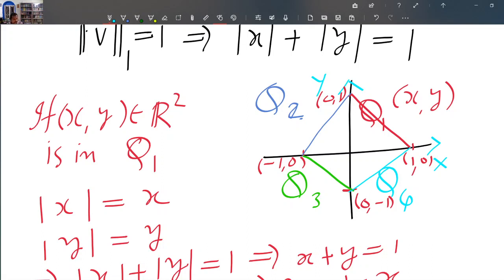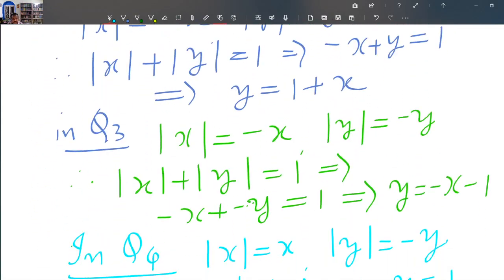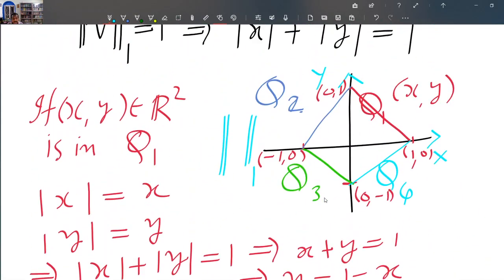Using GeoGebra we can illustrate all these things. And so in the one norm, the unit circle will be like this. Now you consider what is in the two norm.